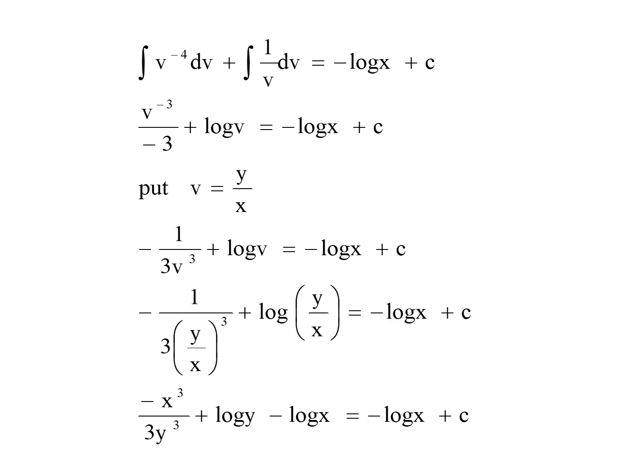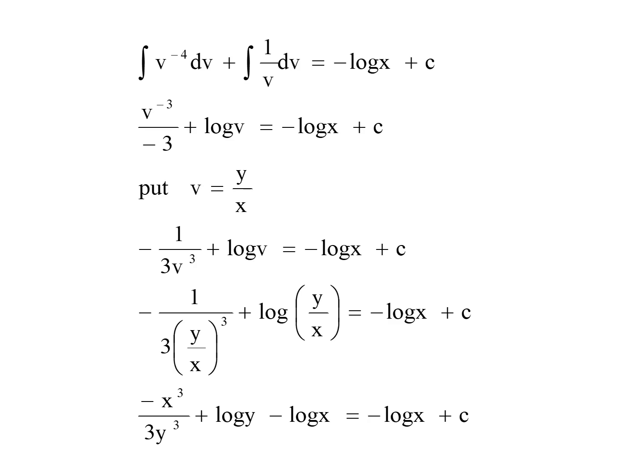Continuation part of the previous slide. Integral v to the power of minus 4 into dv plus integral 1 by v into dv is equal to minus log x plus c. Move on to the next line. Integral v to the power of minus 4, formula is v to the power of minus 4 plus 1 by minus 4 plus 1.